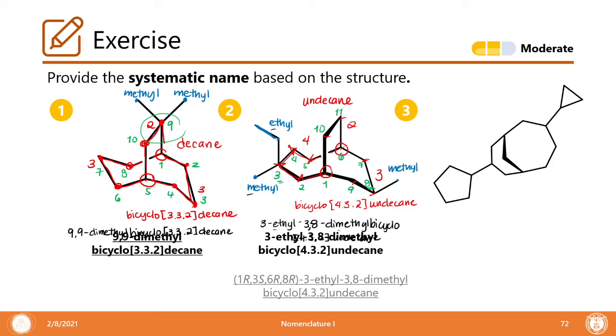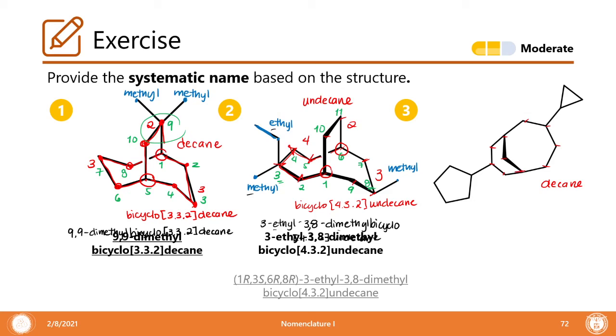Okay, and let's try our last one. Let's count the total number of carbons. 1, 2, 3, 4, 5, 6, 7, 8, 9, 10. Decane.